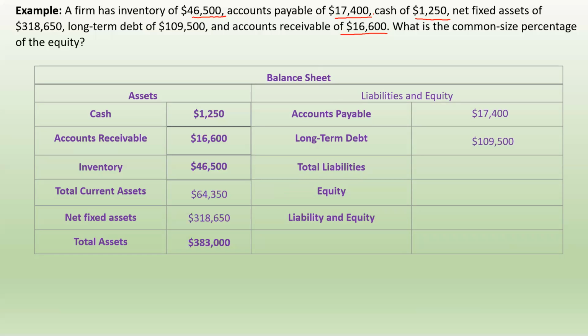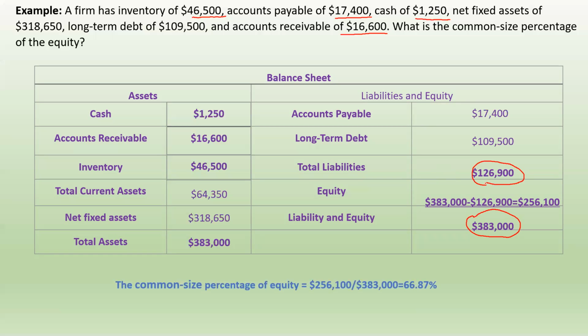Long-term debt is given as 109,500. Total liability is the summation of those two. And then equity is the difference, since liability plus equity should equal the total assets. So equity should be the difference between the total assets and the total liability.